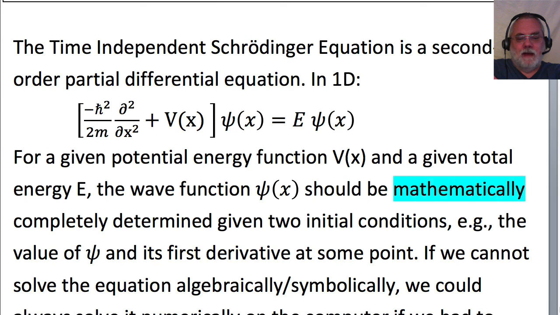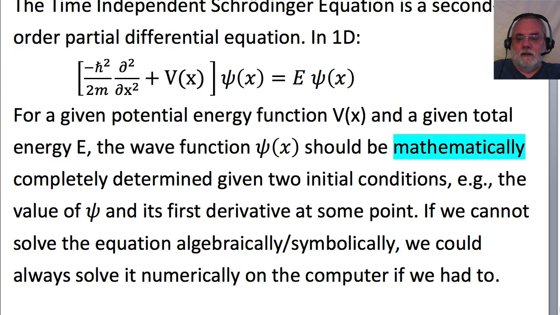For example, the value of psi and its first derivative at some point. It's a second-order differential equation, so it only needs two initial conditions to determine the solution. Now, this is if we view the energy E as given, not to be determined. Now, okay, maybe we can't solve it algebraically, but we can always solve it numerically on the computer. That's always possible.